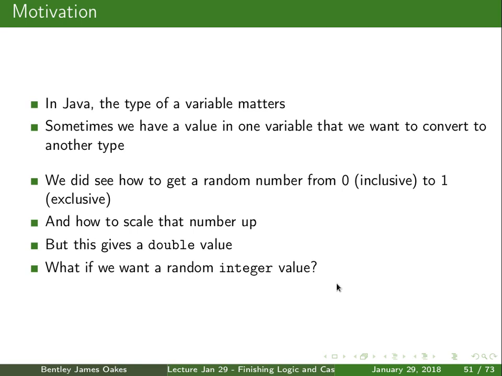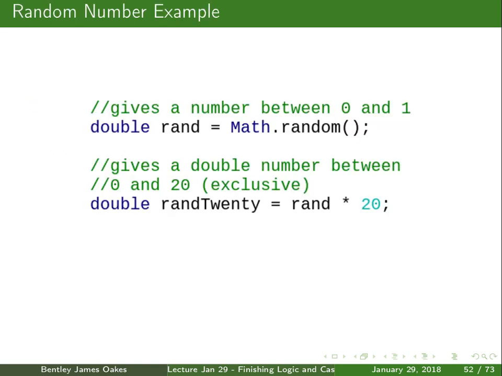So what if we want a random integer value? So I showed you this. Double rand, Math.random, gives you something between 0 and 1. And then we scale that up by doing times 20. And now what's stored in rand20 will be between 0 and 19.999, and so on.